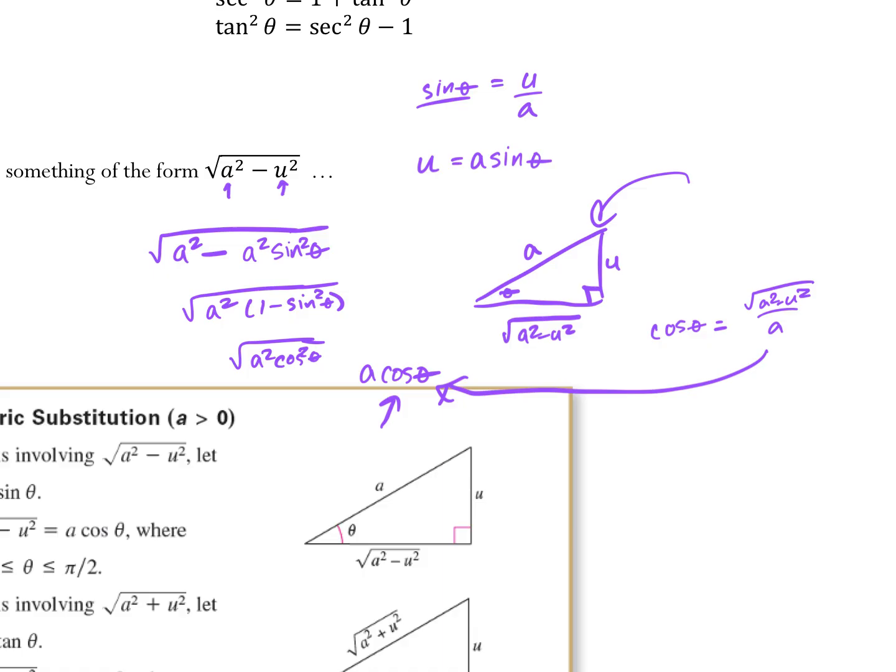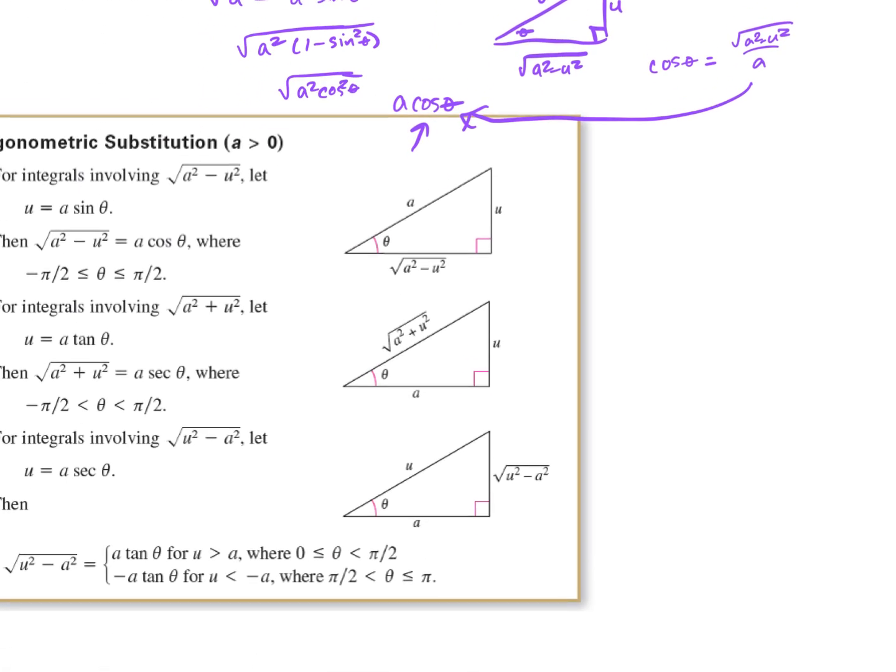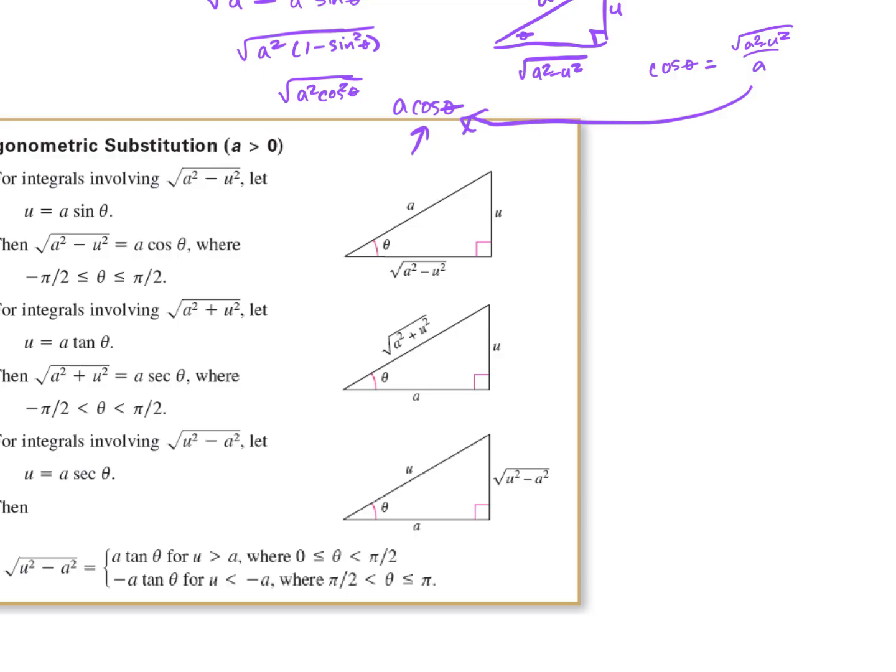In fact, you'll notice that most of the examples I have you do, I tell you to put it on a picture. Is everybody good? Those pictures can help us see which one we want to use if we always put our constant on the bottom leg of our triangles. Well, hold on. If it's a squared plus u squared, then my constant can't be my hypotenuse. It's on the bottom.